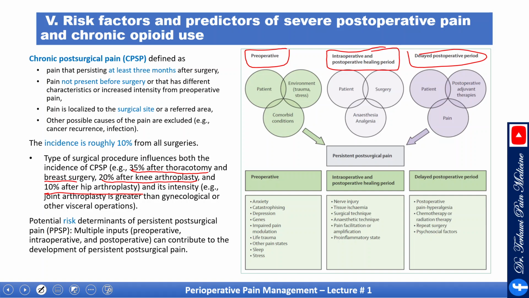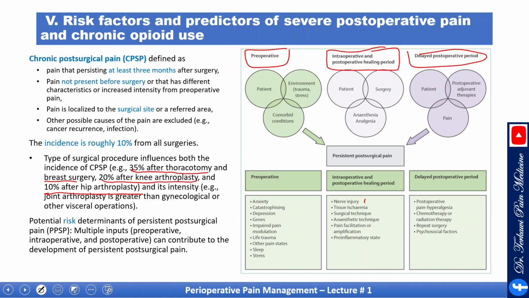Preoperative, patient-related and environmental, comorbidities, as you see here, anxiety, catastrophizing, depression, genes, etc. Intraoperative, again, nerve injury, tissue ischemia, surgical technique, anesthesia technique, post-inflammation, etc. Postoperative pain: the most important predictor of chronic post-surgical pain, which always shows in the literature and research, is poor management of the acute post-surgical pain.